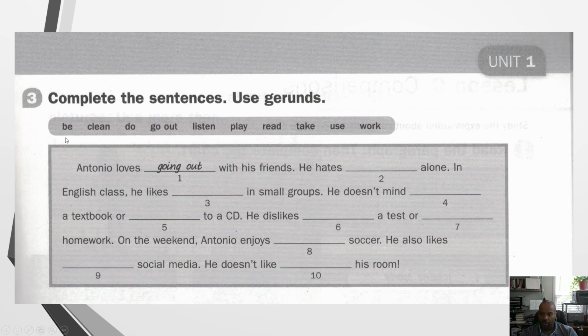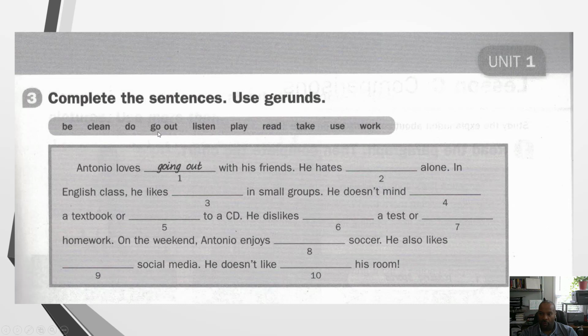Okay, so now what we have to do is take all these verbs and turn them into gerunds. The first one is done for us. As an example, Antonio loves going out with his friends. So this one came from go out.